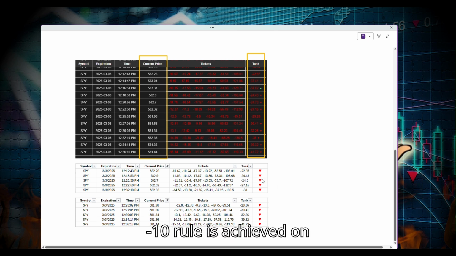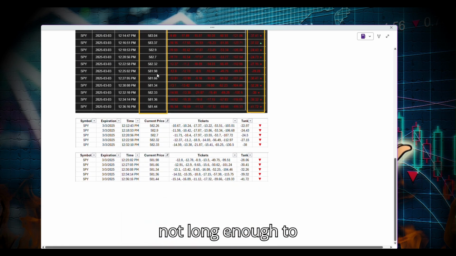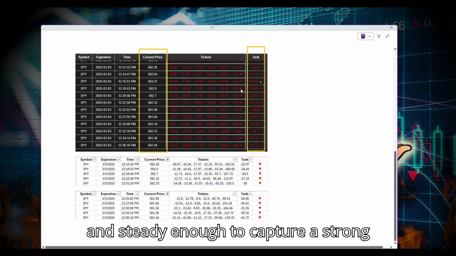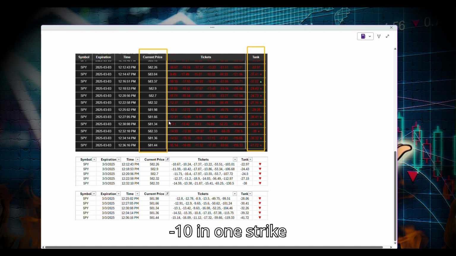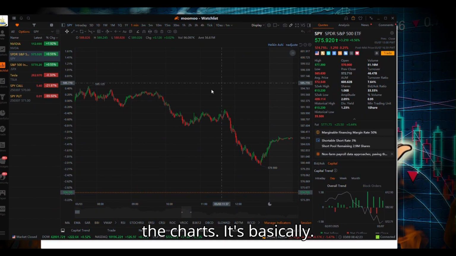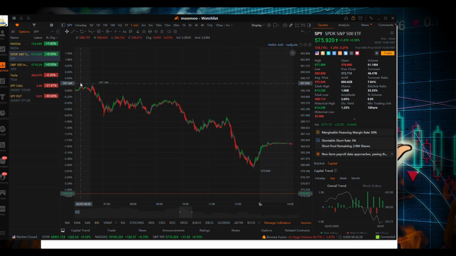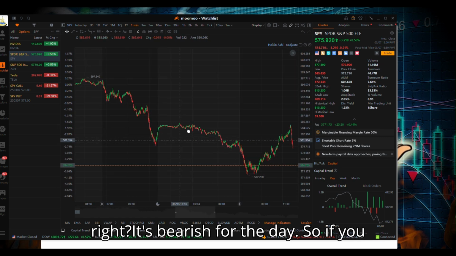So the minus 10 rule is achieved on each strike price, just not long enough and steady enough to capture a strong minus 10 in one strike price. And this is what it looks like on the charts. It's bearish for the day.